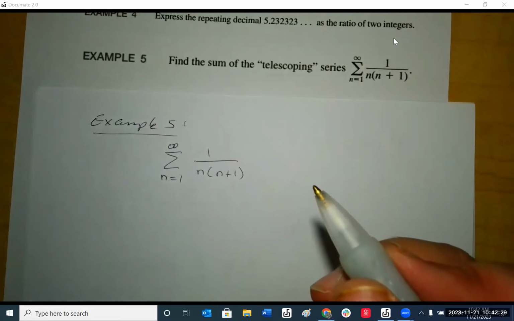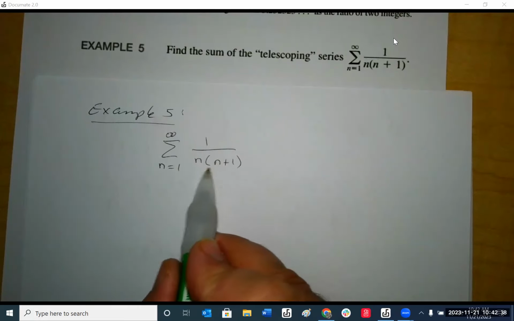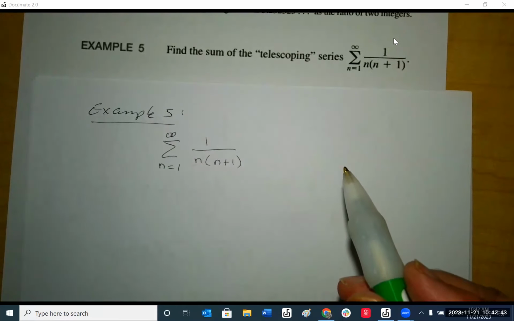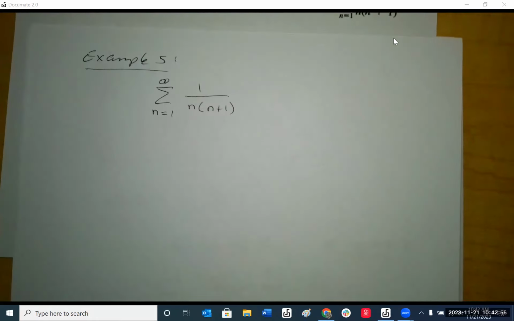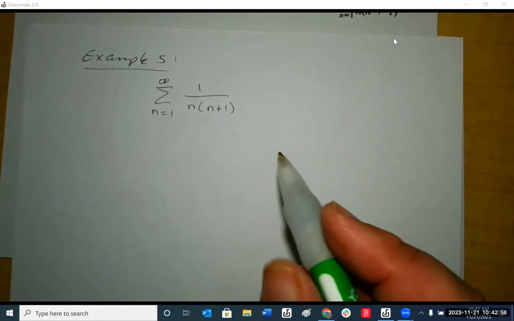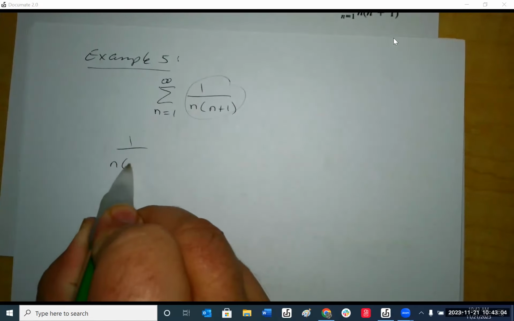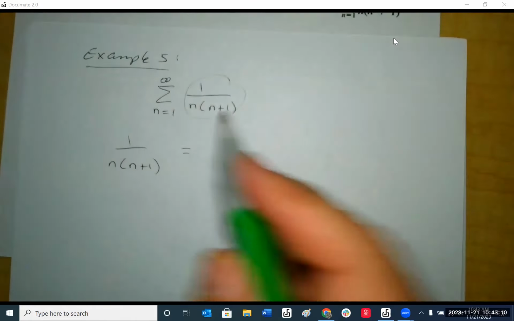Because what we see it's doing is, whether n is negative or positive, it'll just keep on increasing or decreasing. All right, so this is what we have to look for. Find the sum of the sequence. So the sequence is this, 1 over n. We have to use partial sums.